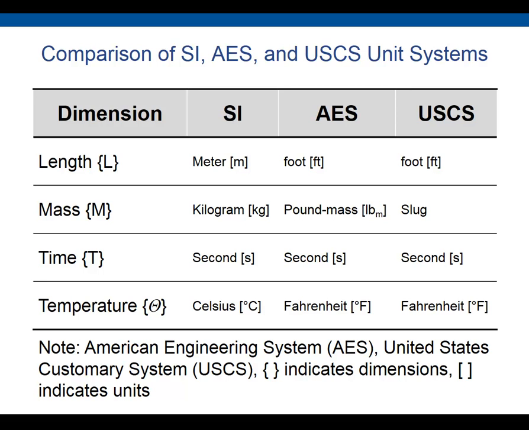Probably you may remember this table that I showed you last time. SI is the International Standard. AES stands for American Engineering System, and USCS, United States Customary System. So we have 3 different systems, depending on which country you're living in.